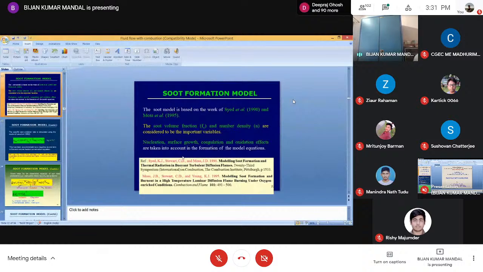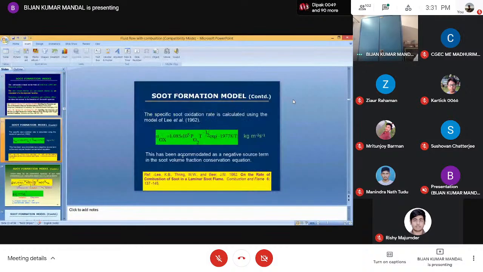As I told you previously, there are four phenomena: nucleation, surface growth, coagulation, and oxidation. These four things are taken care of in the model. Due to oxidation, soot will be reduced because soot will be burned out. There are several models available for soot oxidation. We have taken the 1962 model.